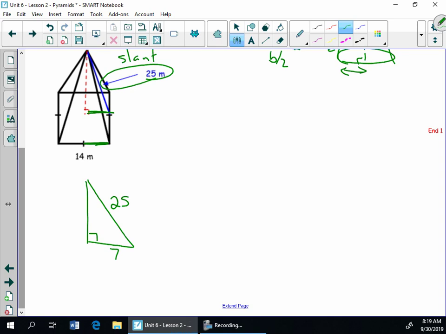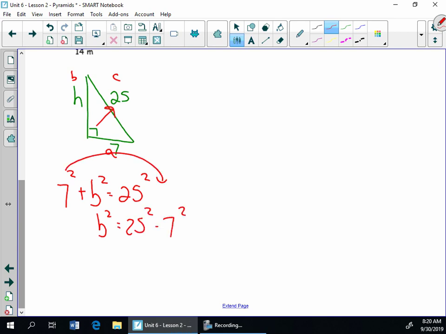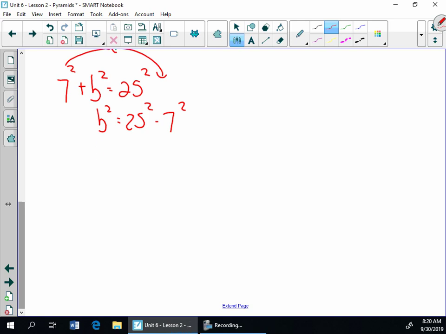Halfway across. And what I really need is the height of this triangle. So here comes Pythagoras. So I need A and B, and the important one, C. Let's give this a try. 7 squared plus B squared equals 25 squared. So B squared must be 25 squared. Numbers on one side, letters on the other, minus 7 squared.